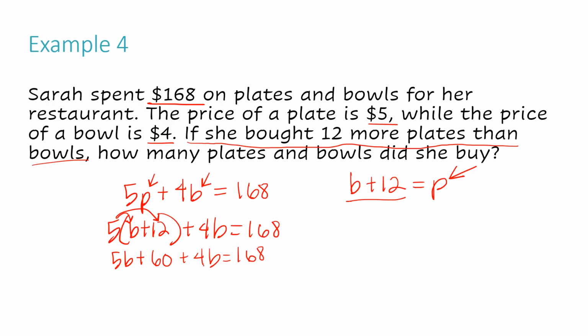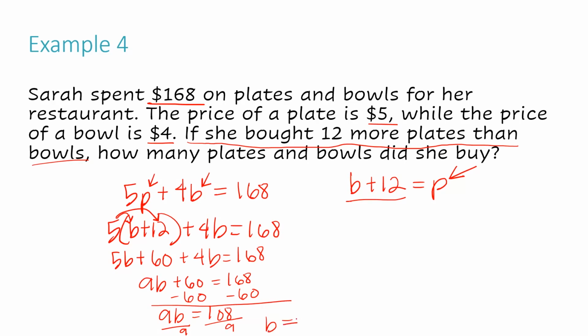Okay. Now I'm going to combine like terms. I have a 5B and a 4B that equals 9B plus 60 equals 168. Subtract 60 from both sides. 9B equals 108. Divide by 9, divide by 9.